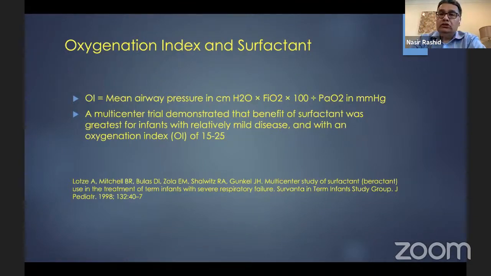As you either do surfactant or start nitric oxide or start inotropic support, your oxygenation index will fluctuate, and a typical cutoff for sending these infants to a center for ECMO treatment is usually 40. But for giving surfactant, if the OI is between 15 to 25, it's better to go ahead and give surfactant to these infants.